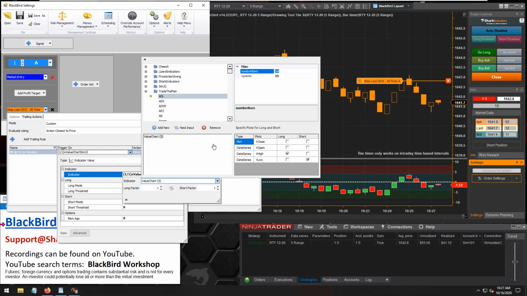Just a little side note here on the indicator being forgotten. What I was doing is, when the value chart was being dropped and the trigger was going back to the ATR indicator, it was because I was just clicking right off.